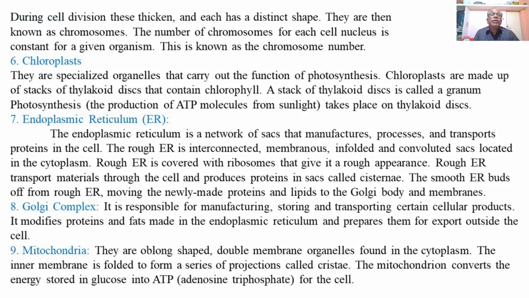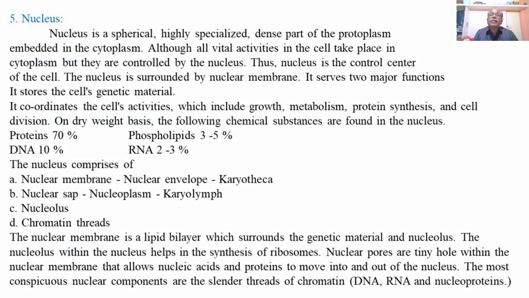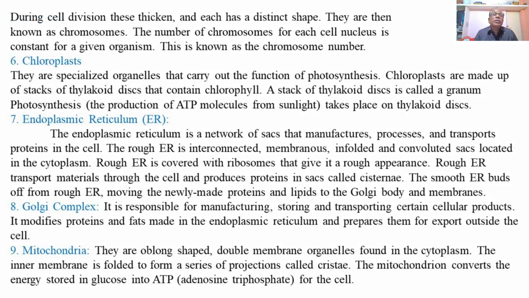During cell division, these slender thread-like elements, the chromosomes containing DNA, RNA and nucleoproteins, become thick. The slender threads of the chromatin become thick during cell division and each has a distinct shape.